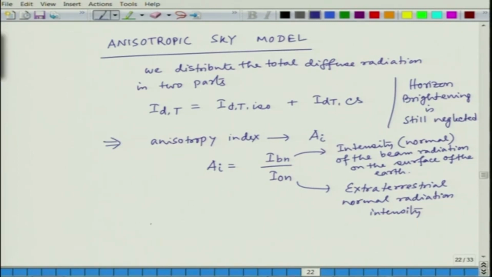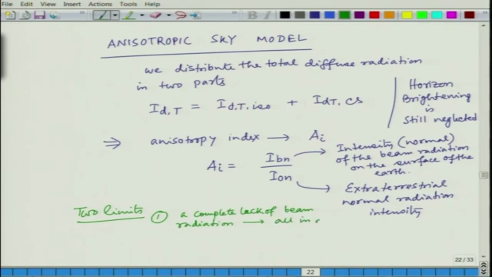So, let us look at two limits. First one is a complete lack of beam radiation. That means all the radiation that is available is in the diffuse form, okay, all in diffuse form.